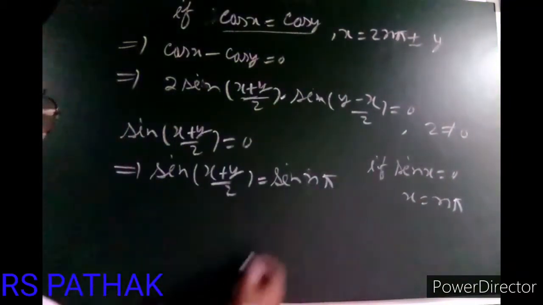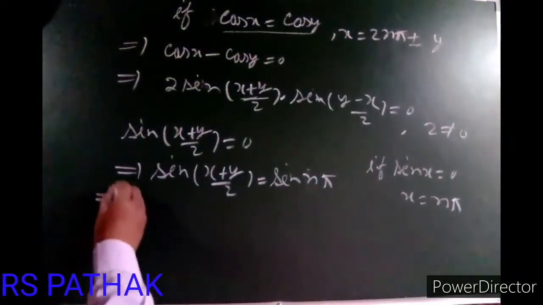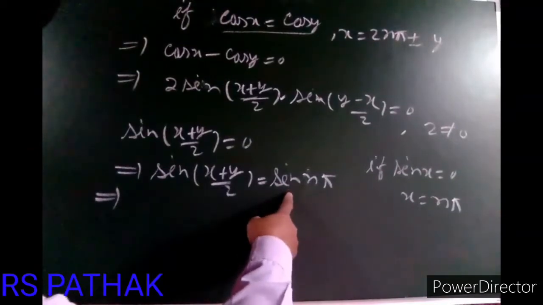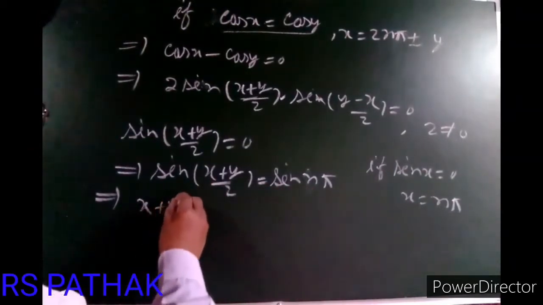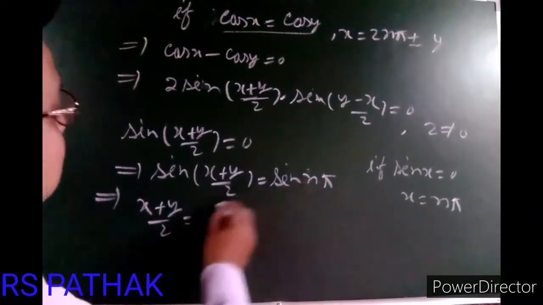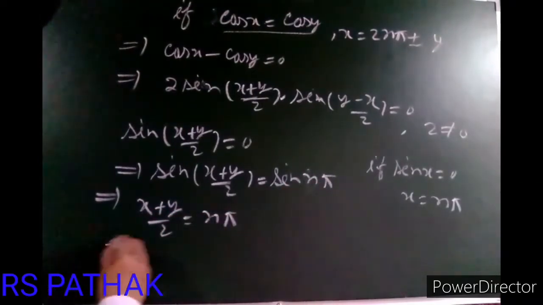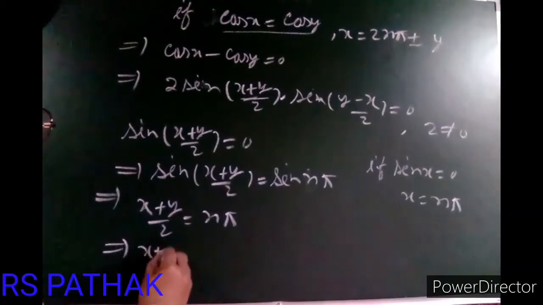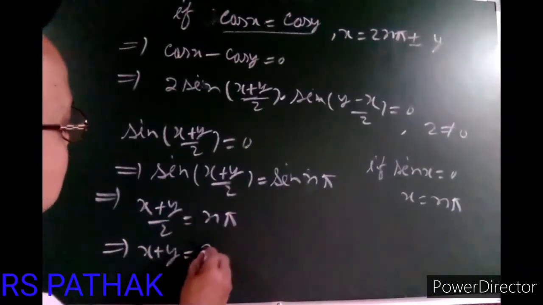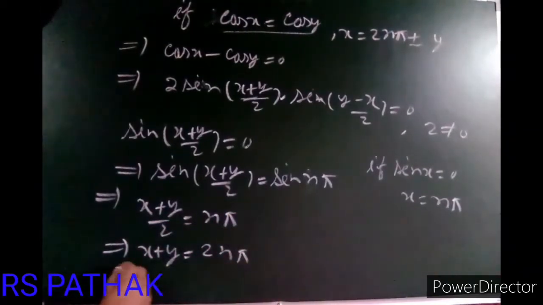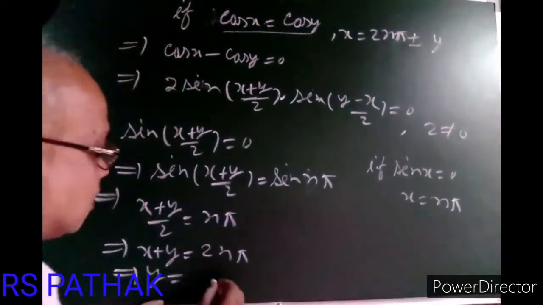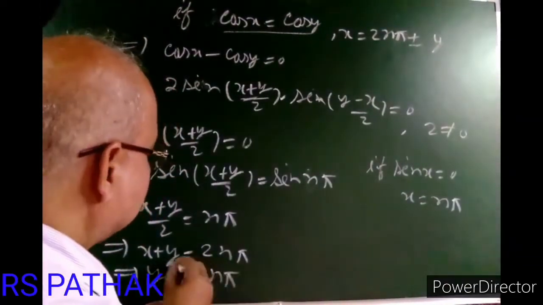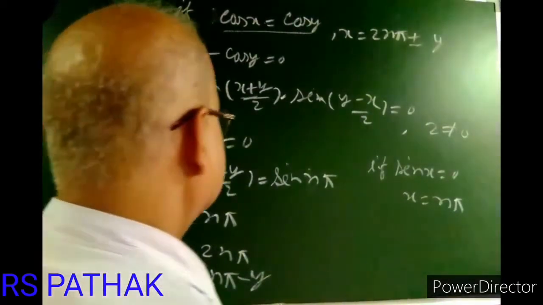Then sin n pi. Here sin equal to sin, both sides, then angle will be equal to angle. (x plus y) upon 2 equal to n pi. x plus y equal to 2n pi. Then x will be equal to 2n pi minus y. Number 1.